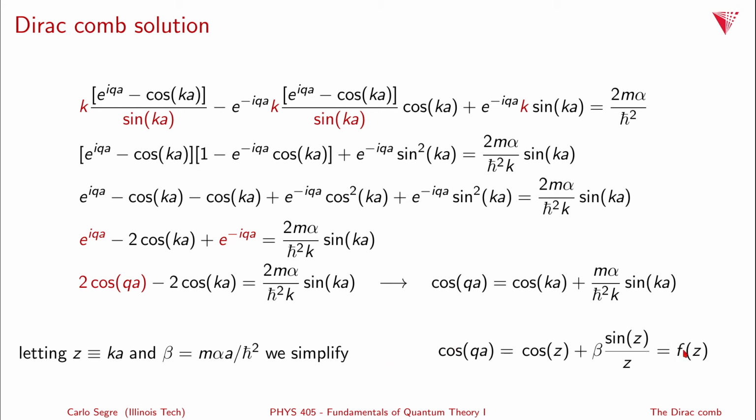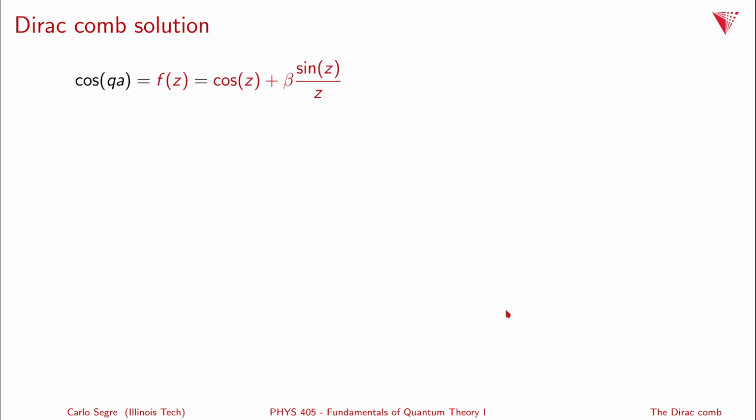We'll call that f of Z. So f of Z, which is cosine, has to be equal to this quantity here. Now let's take a look at this. The part on the right in red is going to be plotted in red. The part on the left here is a function that can vary between 1 and minus 1. And we're going to plot it in black.